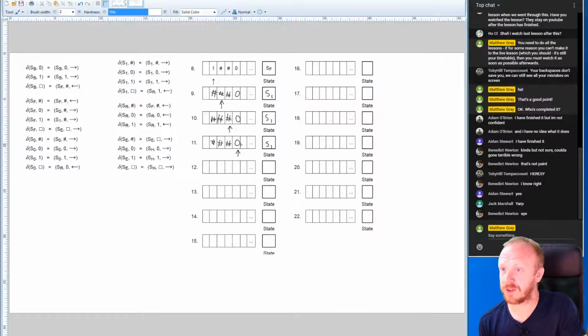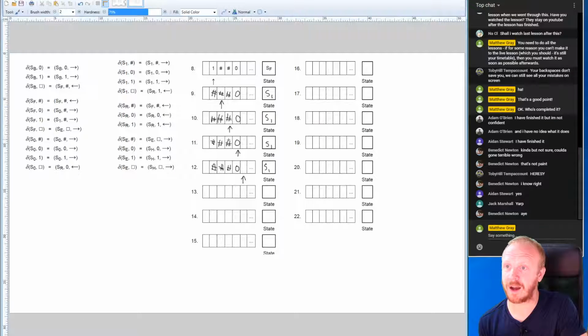So now we're in a different position, we're pointing to 0 in state 1. So here's state 1 and 0. So it says stay in state 1, leave it as 0, and move to the right. So move to here, leave it as a 0, leave it in state 1. Now we're in state 1 looking at an empty block. So state 1 empty block is here.